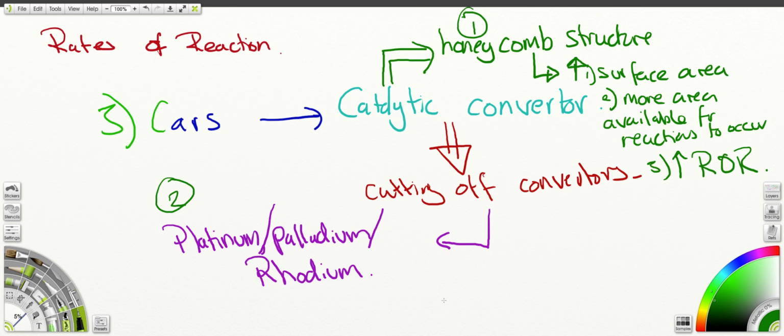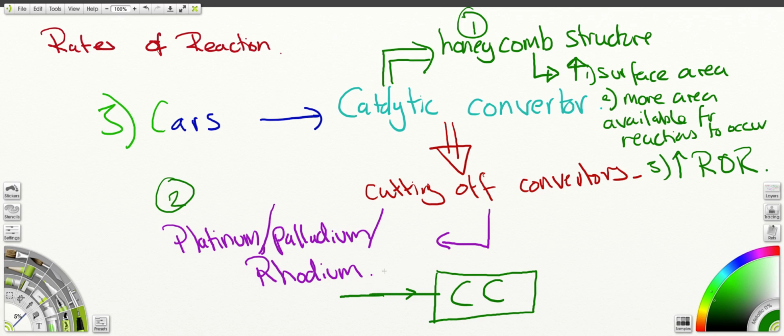And that's it. The final question is, what does it do? If you imagine this is my catalytic converter, I'm going to write CC for catalytic converter. You're going to have your harmful gases that are made during the combustion of your petrol or diesel, whatever.